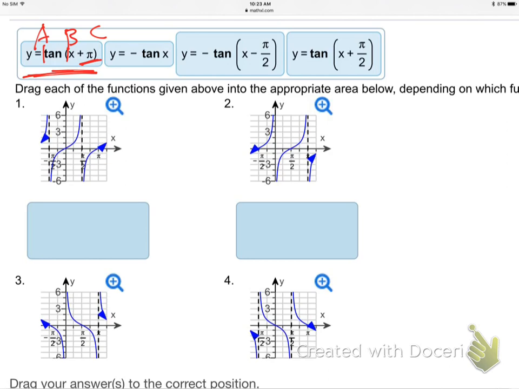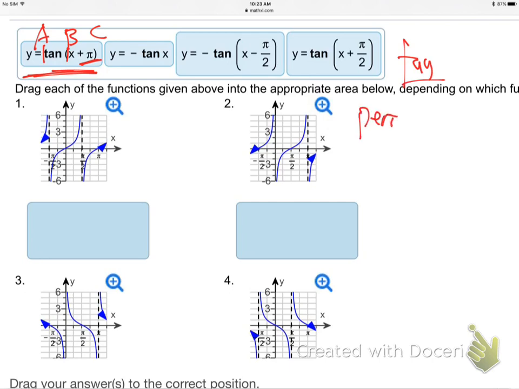Now, the formulas for phase shift and period are different for tangent than they are for sine and cosine. Because part of it's the same, part of it's different. So let's just do tangent.